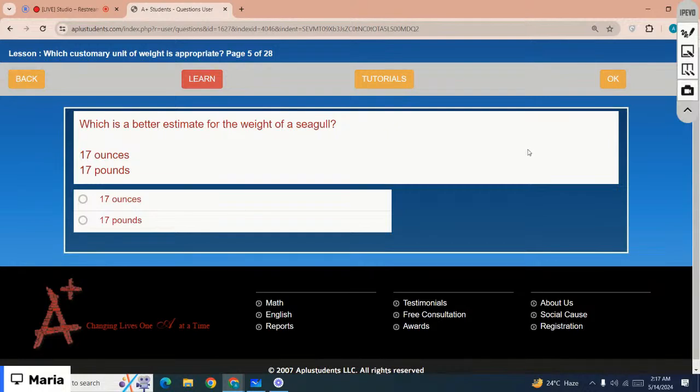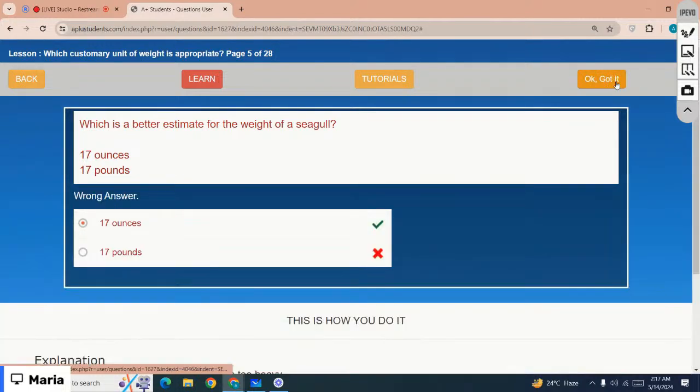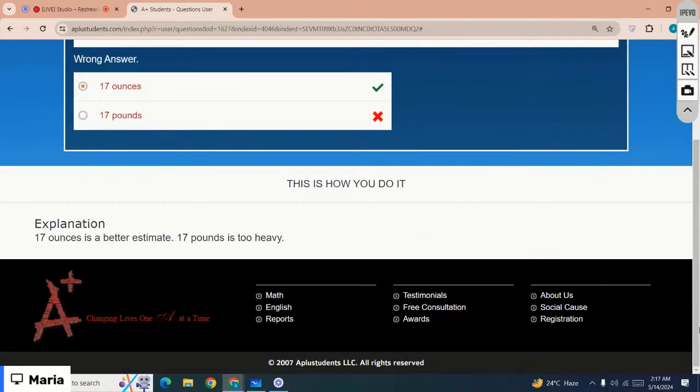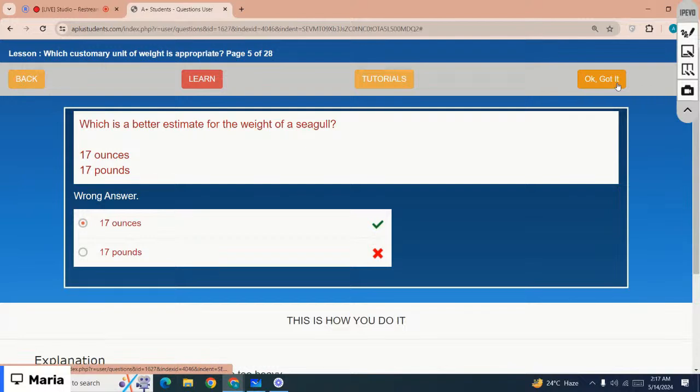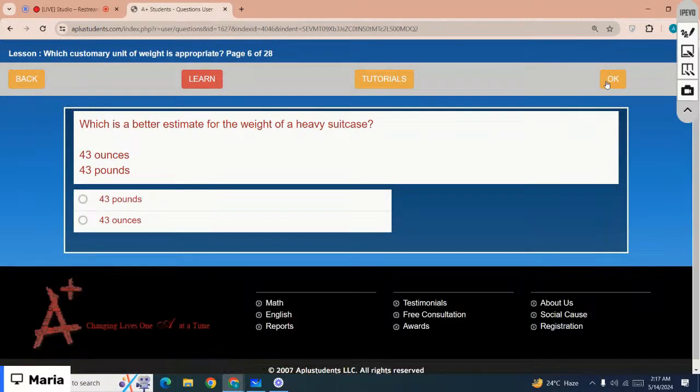The correct option is 17 ounces. I think too little for the seagull. It must be 17 pounds. Oh, yes, that is 17 ounces. 17 pounds is too heavy for the seagull, right? The correct option is 17 ounces.